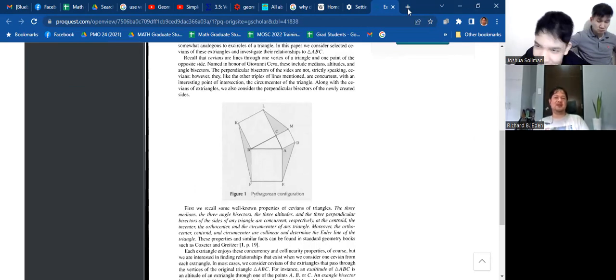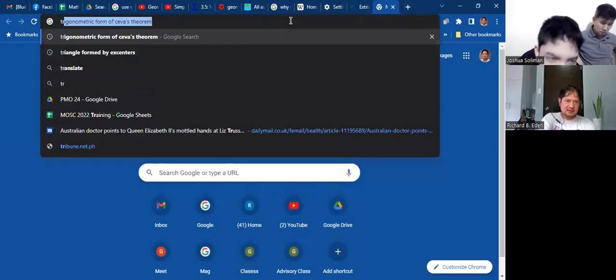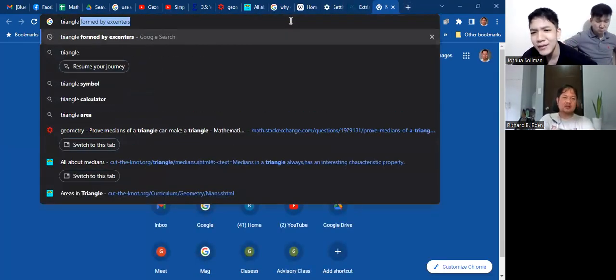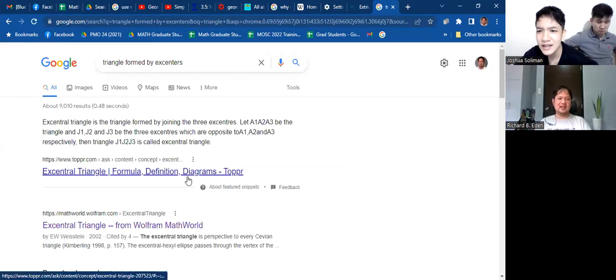So let's search: triangle formed by excenters. Outer Napoleon triangle?